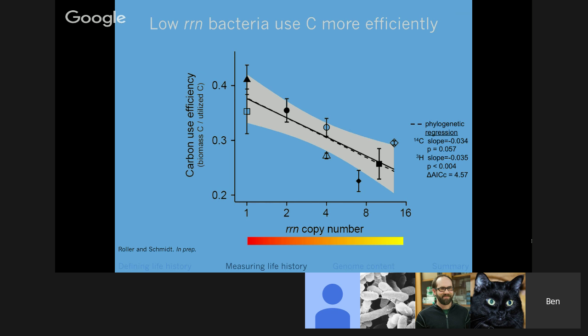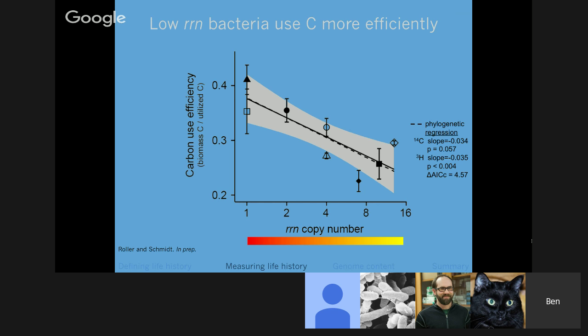So just like growth rate was logarithmically related to rRNA copy number, we seem to see that for every doubling of copy number, we get the same unit decrease in efficiency. So this log2 relationship between rRNA copy number and rate and efficiency jumped out to us as interesting, and we had some statistical support through AIC analyses showing that that is the best fit to the data.